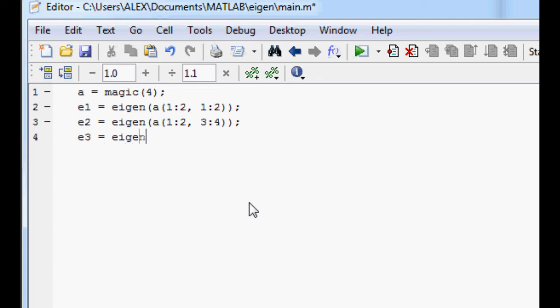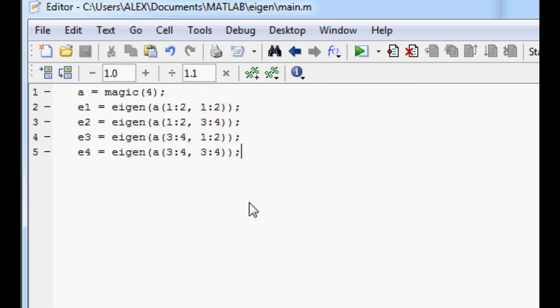E3 equals eigen(A(3:4,1:2)). And E4 equals eigen(A(3:4,3:4)). Note that each submatrix can be directly indexed and passed to the eigen function.